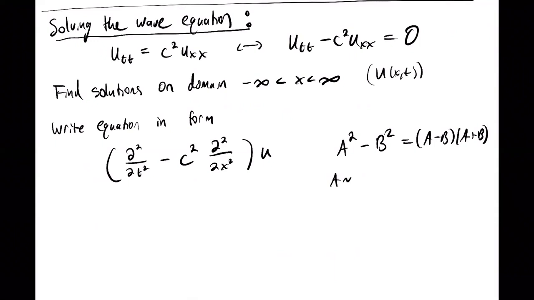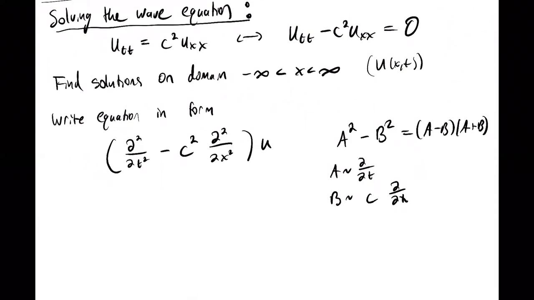So at least algebraically, the expression involving the operator on the left has basically this form, right? So I'm saying a is like taking derivative with respect to t, and so I'm squaring it because I'm applying it twice in a row in the first term. And so b is basically whatever the constant c is times derivative with respect to x, right? And so I'm applying that twice because I'm taking 2 x derivatives and then multiplying by c twice, or getting c squared.